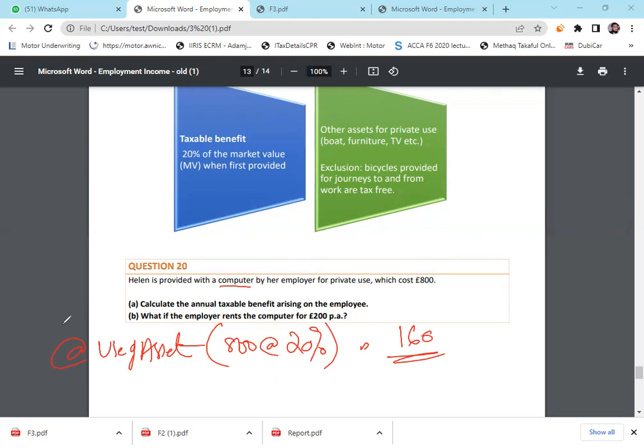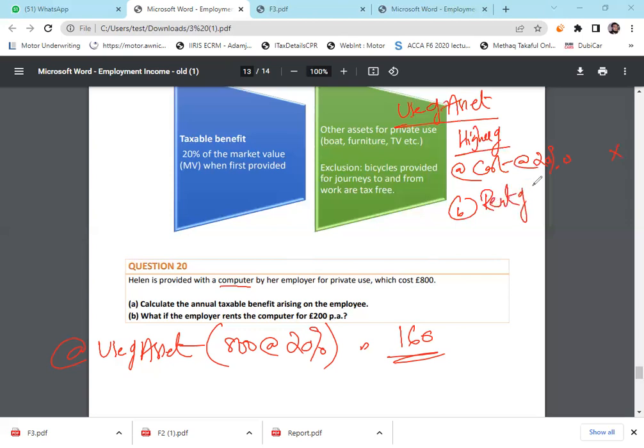Now the B part. The formula we just discussed, but the main formula is this one: higher of A, which is cost into 20%, and B, rent of asset.